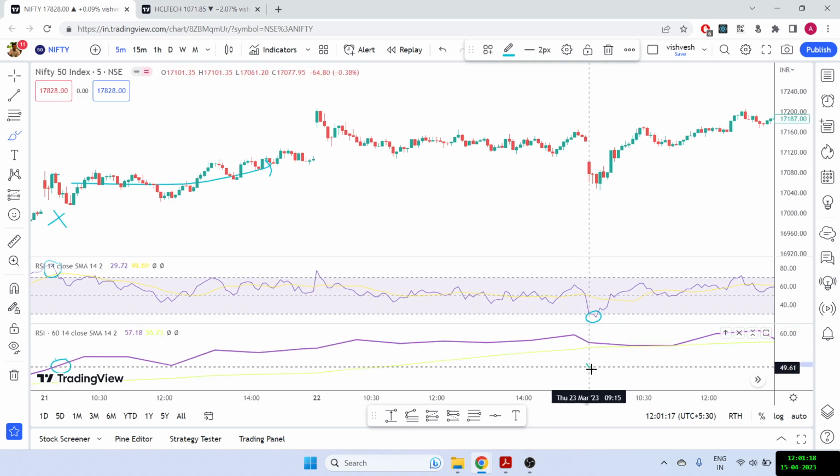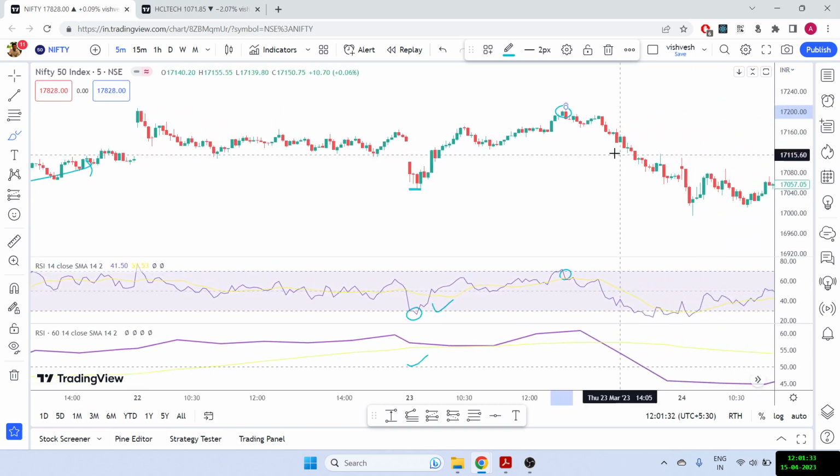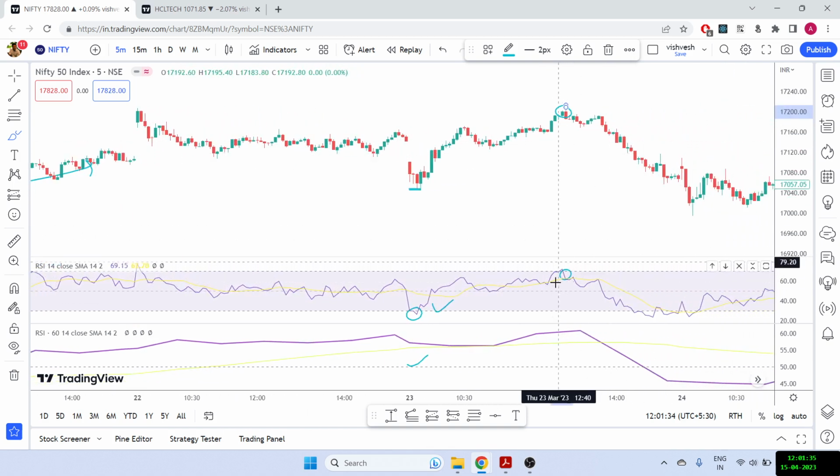So both the RSIs are giving me the bullish entry. I will take that buying here. So I will buy somewhere here and I will exit somewhere here. So that's a good trade and it's a profitable trade. Again, you will notice that we will have to skip this trade. Why? Because at this point of time the RSI 60 is above 50, so I will be skipping this trade also.